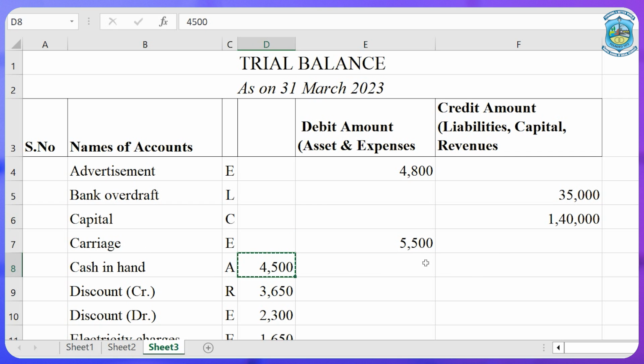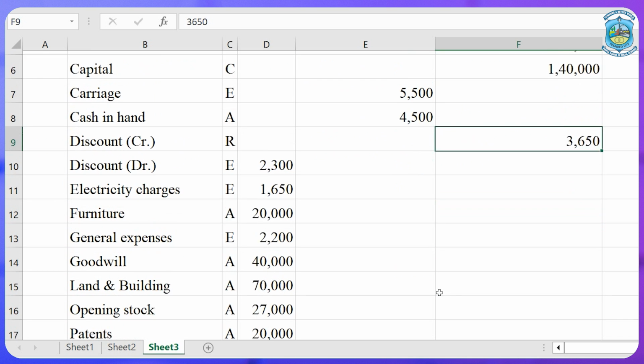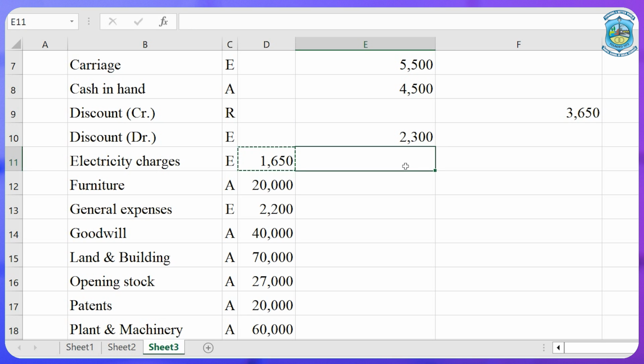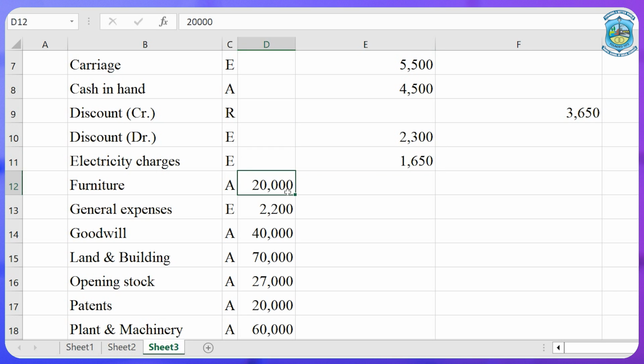Here we go. Revenues are, yes, look at here in the credit column. So, there it goes to the credit column. Okay. Expense back to debit column. This expense also goes to the debit column. And here we have the asset. So, all the asset and expenses are to be debited, right.